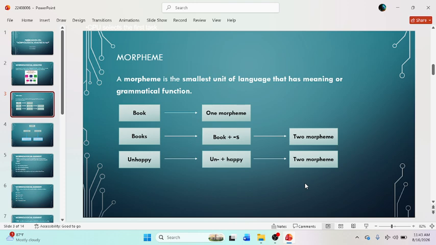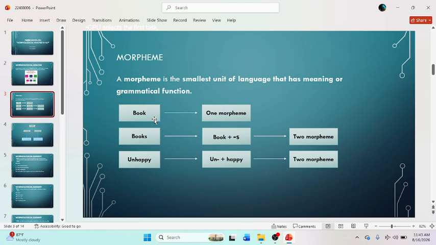In this slide we can see what a morpheme is. A morpheme is the smallest unit of the language that has meaning or grammatical function. Here are three examples. First, book is a morpheme, and it is completely meaningful in itself.